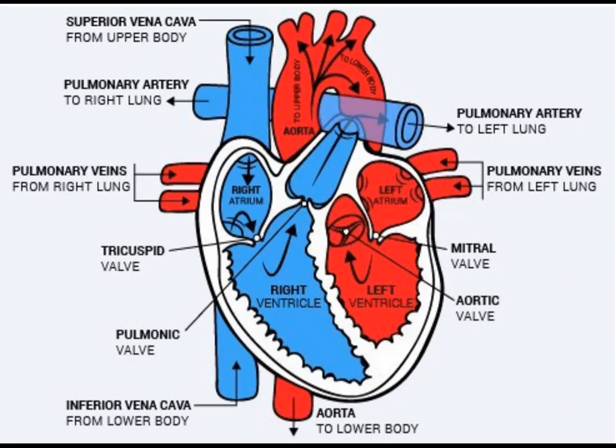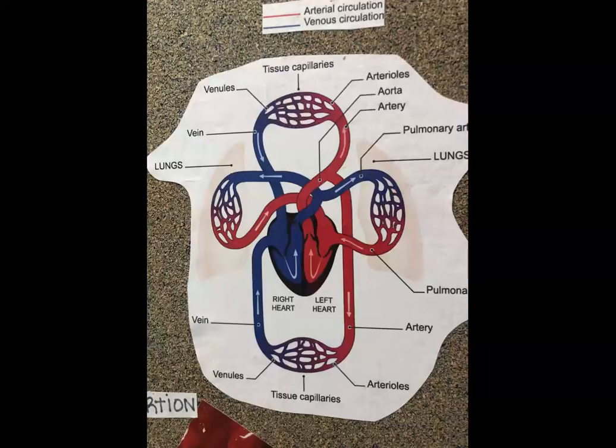And last but not least, I want you to take a look at the next slide, and this is something I found the other day, hanging from a wall somewhere. Quite interesting. So you can see how the right and the left of the heart communicate at the lung level. Okay, so you guys can understand it better.